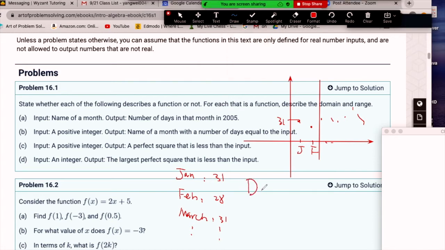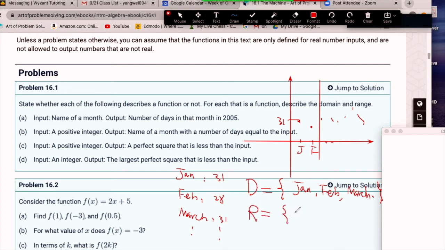You write D equals, then use this bracket, January, then February, then March, you write all of them, then close the bracket. Then this one's the domain. Then what is the range for this function?